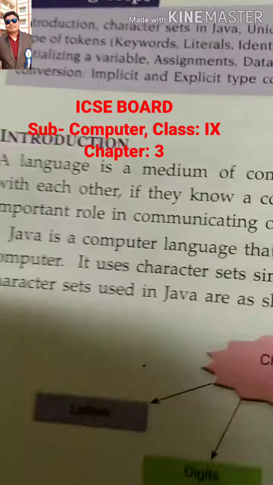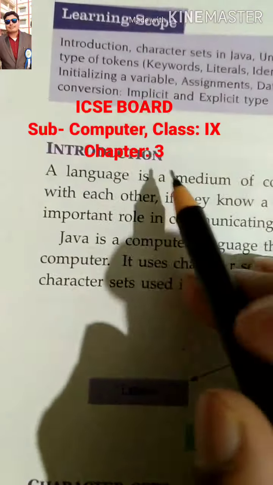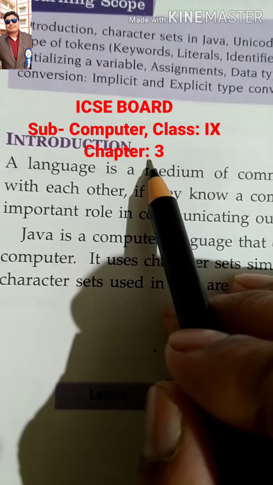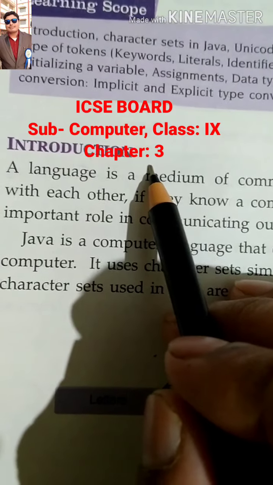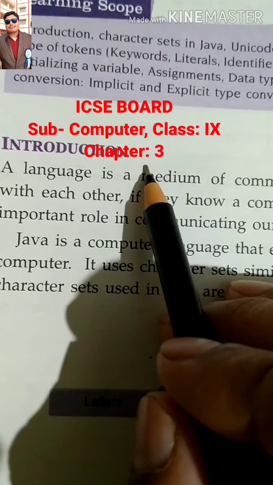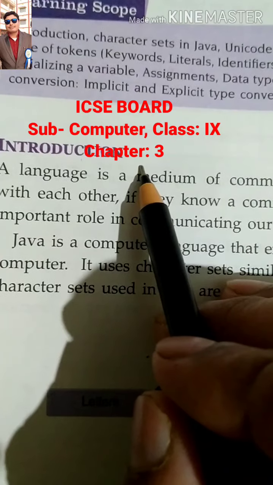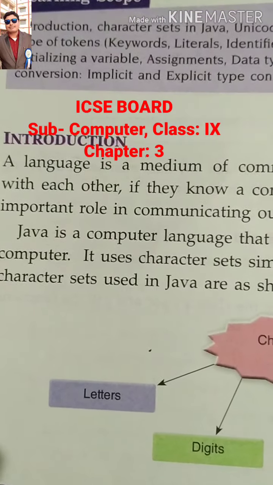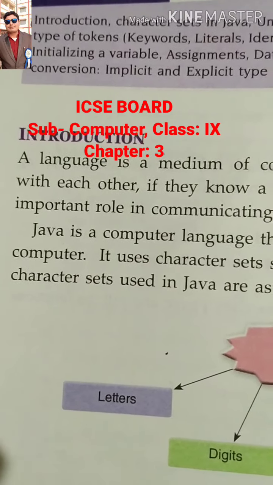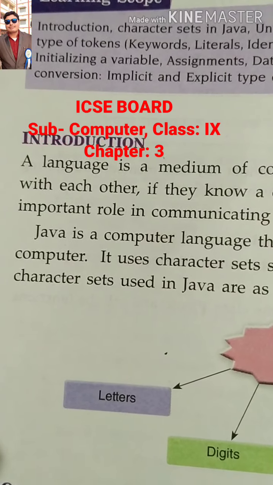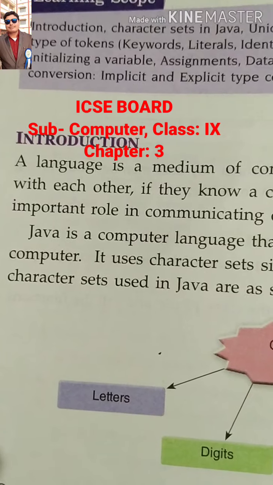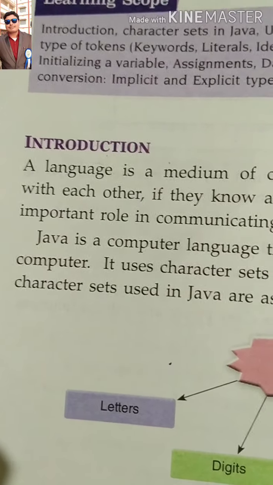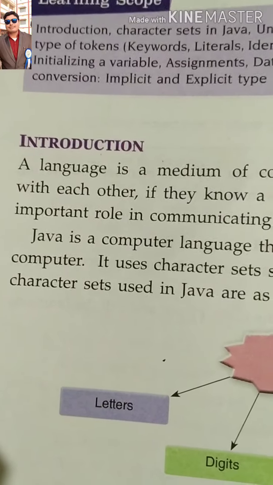First of all, in the introduction it is given that language is a medium of communication. It is true, we also communicate with each other with the help of language. The language may be anyone, Hindi, English, but computer has a different language. As you know, computer understands only 0 and 1, and we speak Hindi, English.